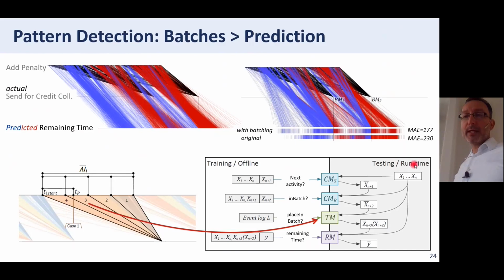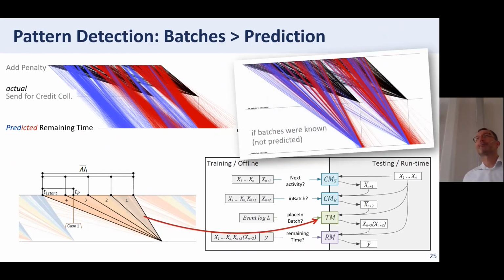The absolute error goes down from 230 to 177. It's not great, but it shows a bit. And the predictions are closer to the actual batching points. If we had perfect knowledge of the batches, right? Here we're estimating the batches from historical data, but if we had perfect knowledge of the batches, this is how it would look. So you can analyze and check: are my models doing any good? So it can help.